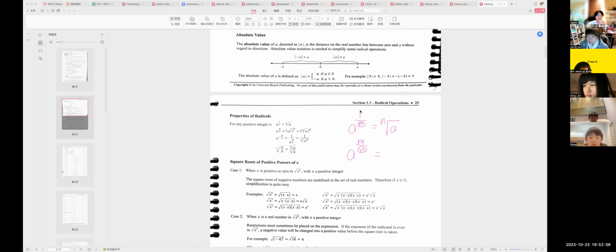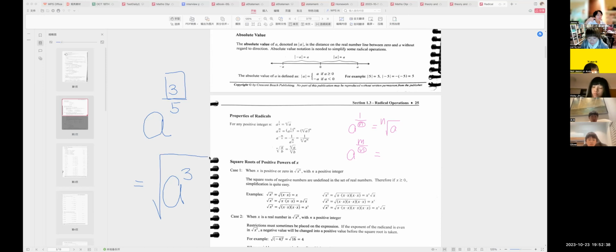So everybody, when you see a number, this is really important, because a lot of students get confused with this knowledge point. When you have a number and the power is a fraction, for instance 3/5, remember the numerator you just put as a's power, and the denominator shows up as the root. The denominator shows up here and the numerator shows up here.